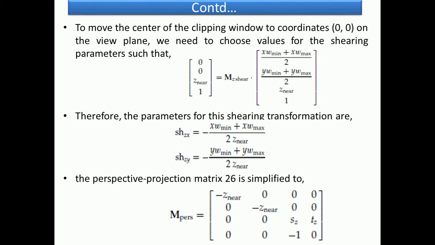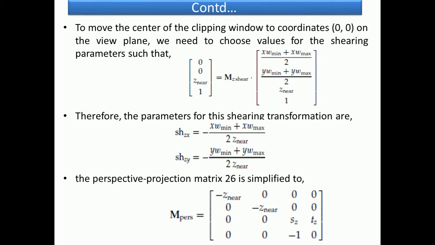Similarly, with the projection reference point at the viewing coordinate origin and with the near clipping plane as the view plane, the perspective projection matrix, that is the previous matrix, is simplified as Mperspective equal to: minus znear, 0, 0, 0; 0, minus znear, 0, 0; 0, 0, sz, tz; 0, 0, minus 1, 0.